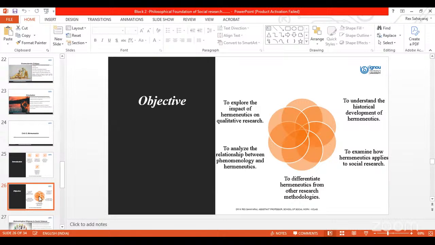It's highly possible we need to use these techniques in qualitative research, right? And to understand the historical development of hermeneutics, and to analyze the relationship between phenomenology and hermeneutics, differentiate hermeneutics from other research methodologies, and examine how hermeneutics applies to social science research. Those are the main objectives of this unit, right? How we are going to use this method against positivism, or how we are going to bring impact to our research by using the hermeneutics method, right?